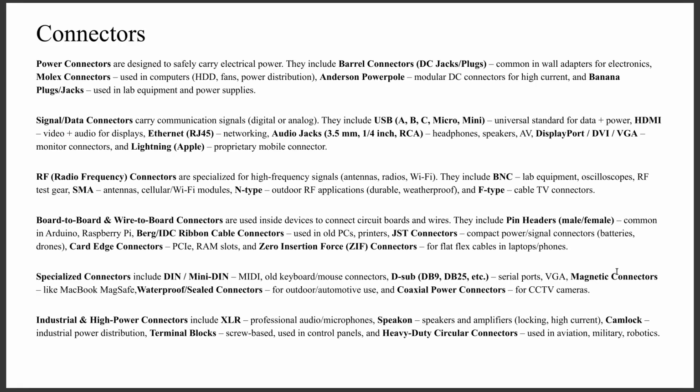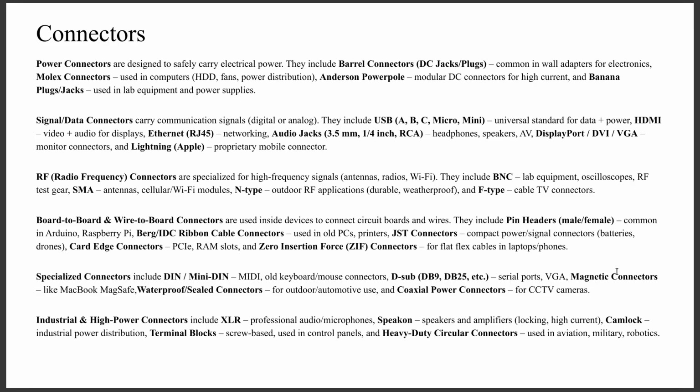They include pin headers, male-female, Berg, IDC ribbon cable connectors, JST connectors, card edge connectors, and zero insertion force / ZIF connectors. Specialized connectors include DIN, D-sub, magnetic connectors, waterproof / shield connectors, and coaxial power connectors.